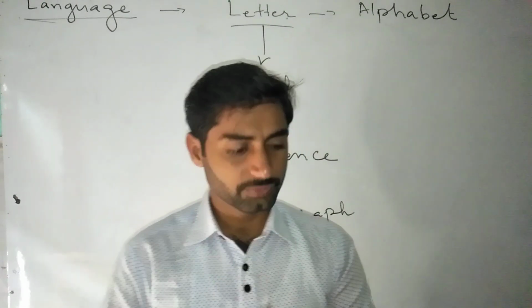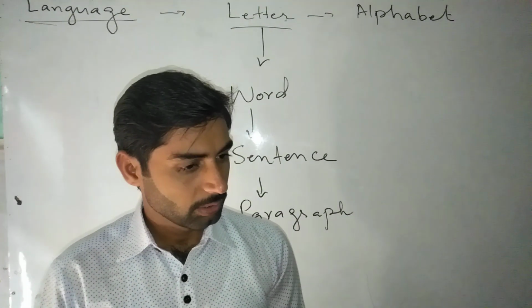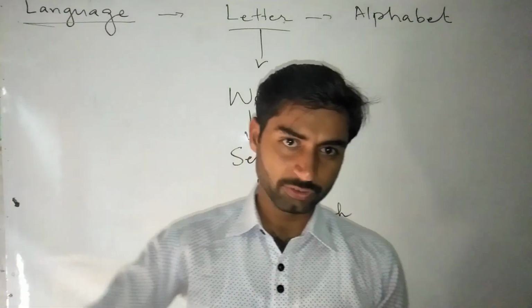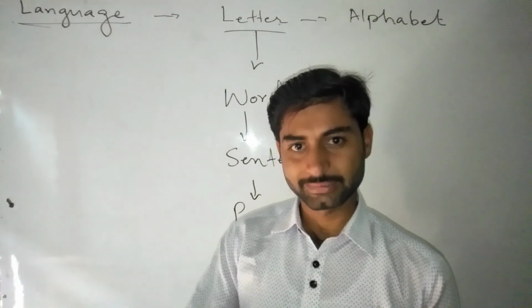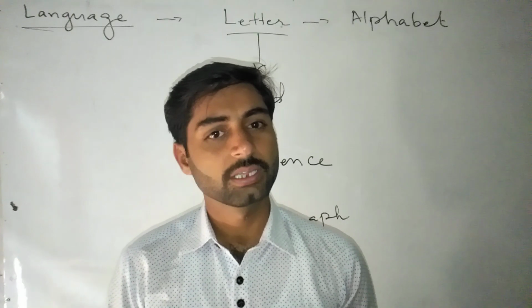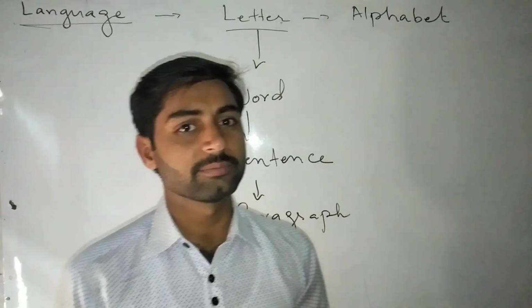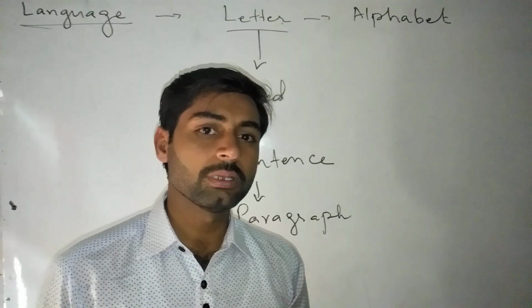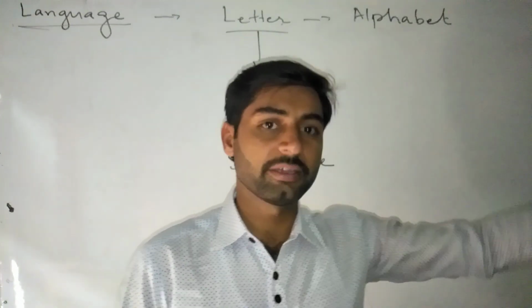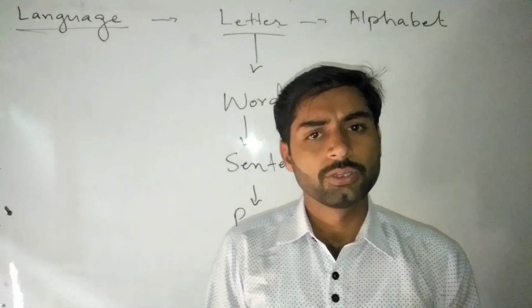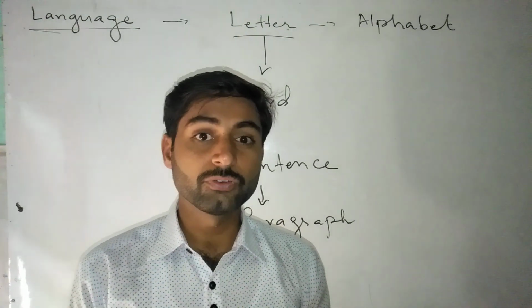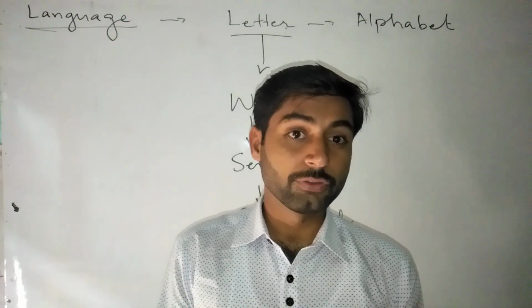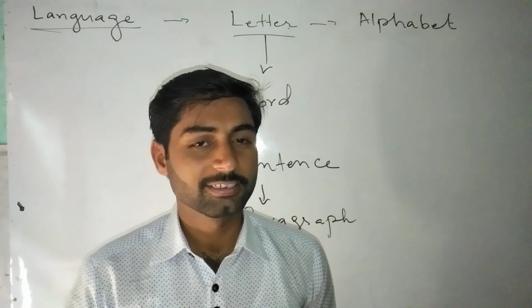In simple words, let me clear this. For example, you are a person living in Sindh, in this country Pakistan, and you want to speak to the people living in America or India or anywhere. So you need some source, you need a mode, you need a language especially.